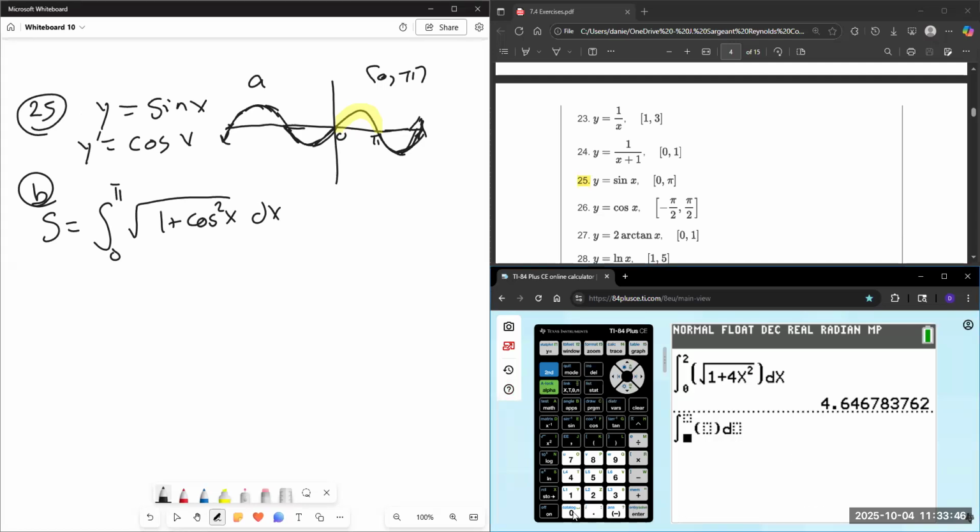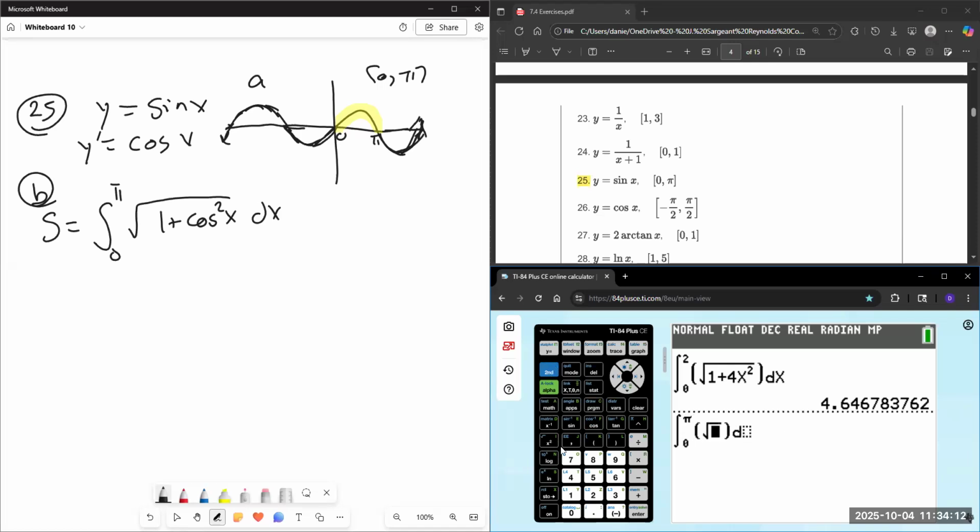Functional integration 0 to pi. And then I need some parentheses here, cosine, 1, square root. Going too fast. Delete this.